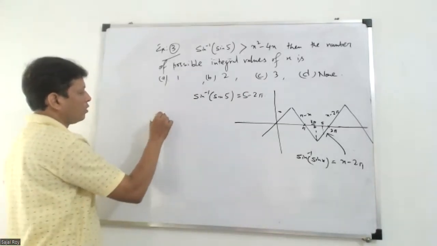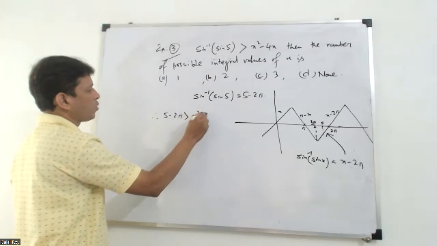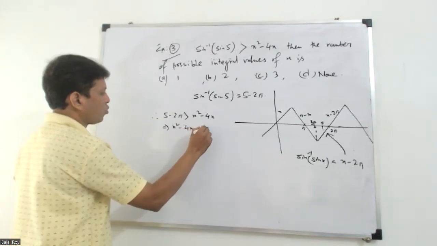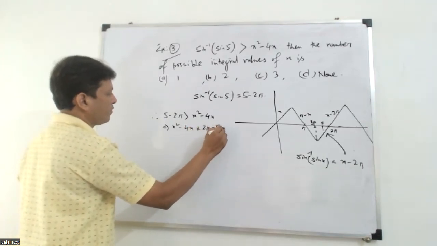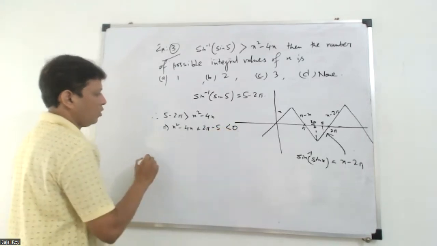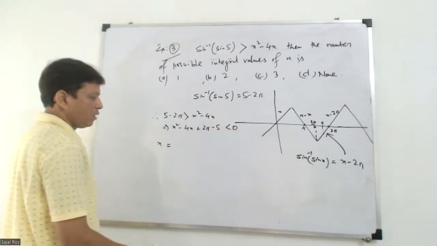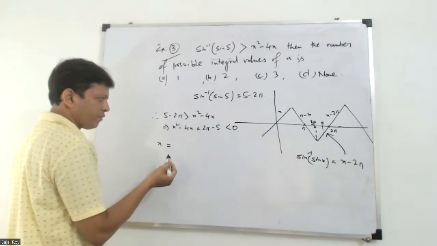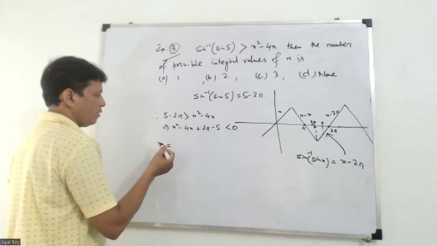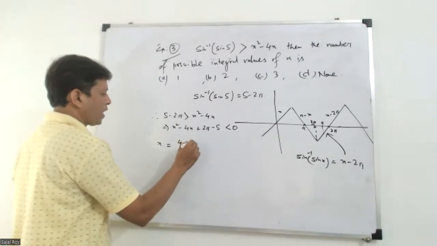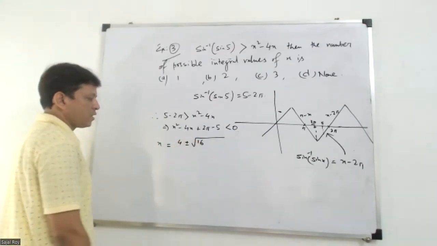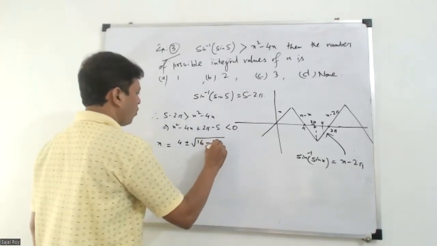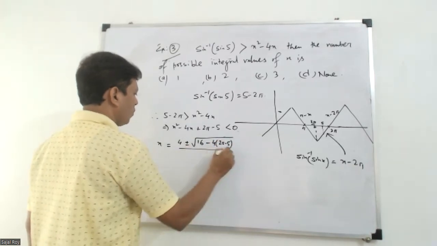Therefore 5 minus 2 pi is more than x square minus 4x. So x square minus 4x plus 2 pi minus 5 is less than 0. So what is your quadratic expression? Using minus b plus minus root over b square minus 4ac, 4 plus minus root over 16 minus 4 into 2 pi minus 5, over 2.